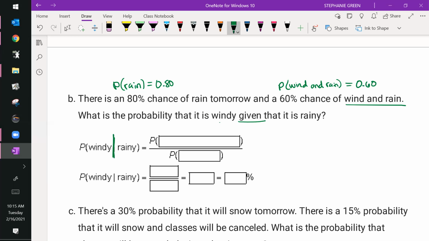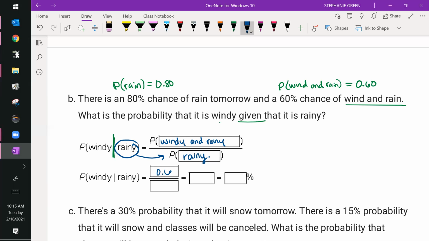So based on what we wrote on the last page, that would be the probability of their intersect, windy and rainy, divided by the probability of the condition. That's the second one, rainy. And it's always going to be the second one. So the probability of windy, given that it is rainy, is, let's see, their intersect was 0.6.